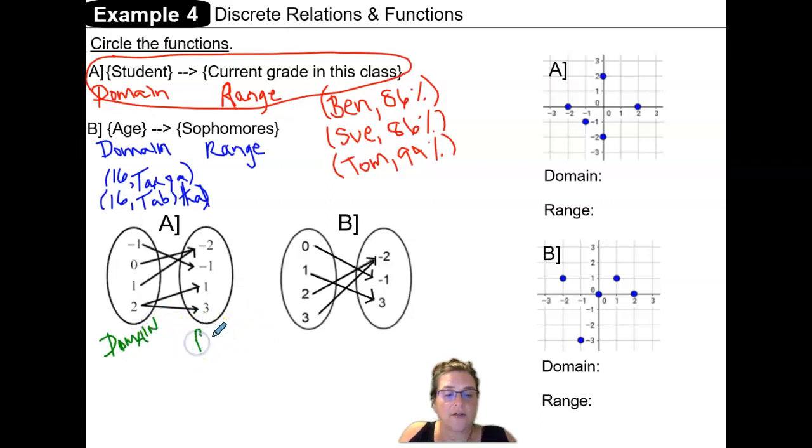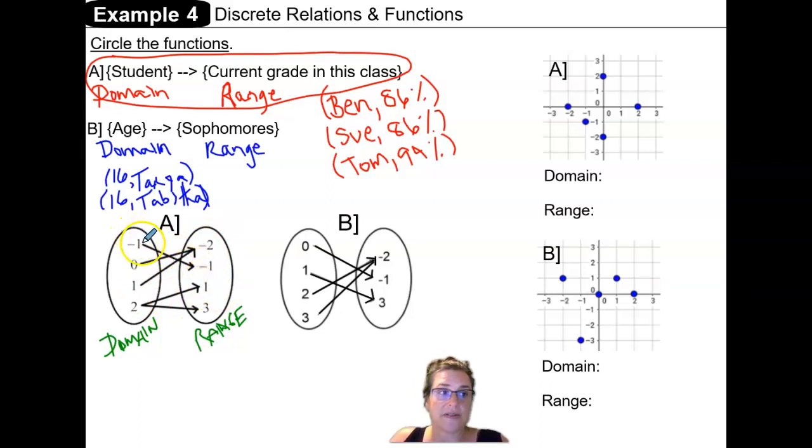And then the range is found in the second set of numbers or elements. These could be words as well. So whenever I look at a mapping diagram, the arrows show the relation between those elements.